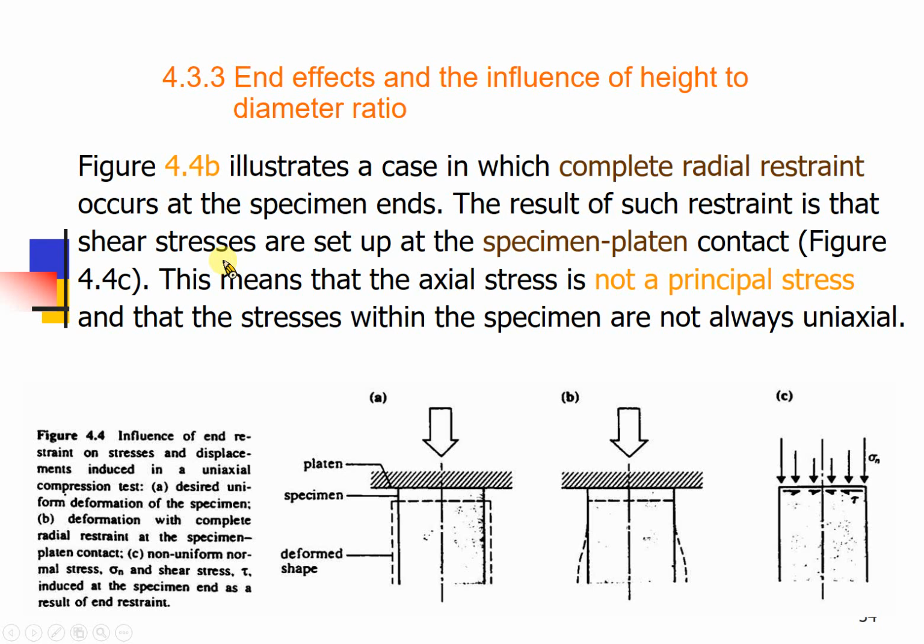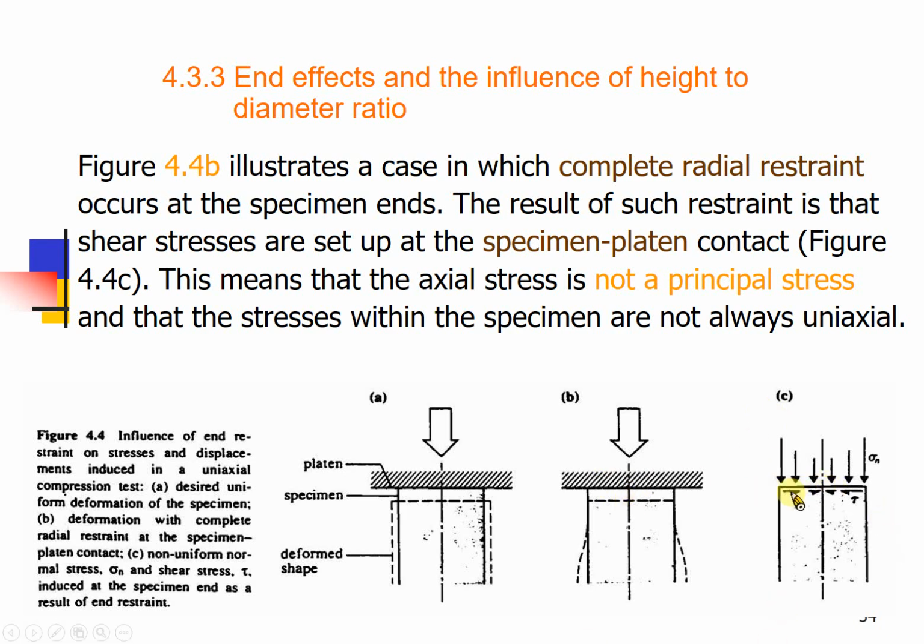Okay, I will start from the end effect. I mentioned the end effect a little bit yesterday. As I told you, if you apply a load to the rock specimen here, the rock will shorten, and because of the Poisson's effect, the rock will expand.